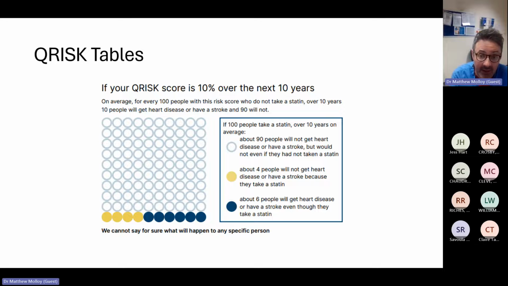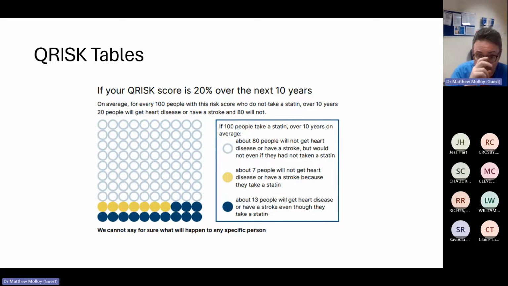About 6 people will get heart disease or have a stroke even though they've taken a statin, but about 4 will not because they take a statin. So obviously, as we move up the QRisk scores, you can see the benefits of taking them.